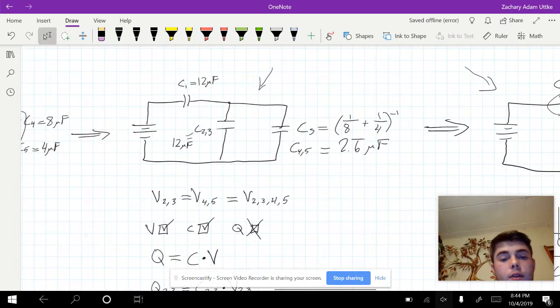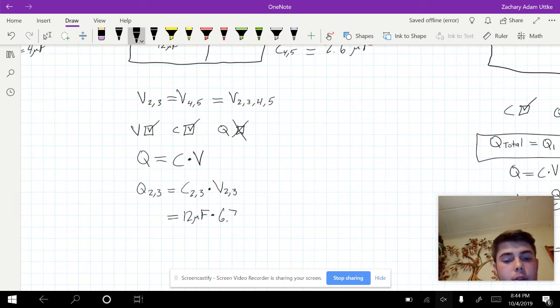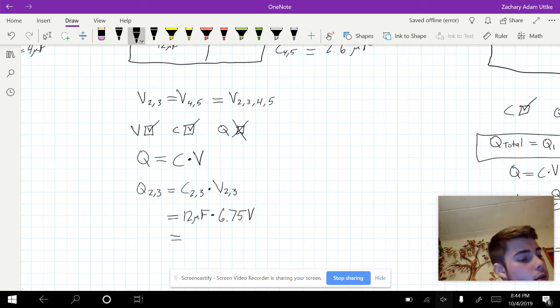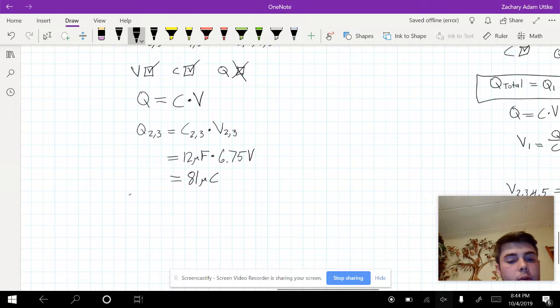So let's see what that is. We have 12 microfarads times the 6.75 volts, and that is 81 microcoulombs.